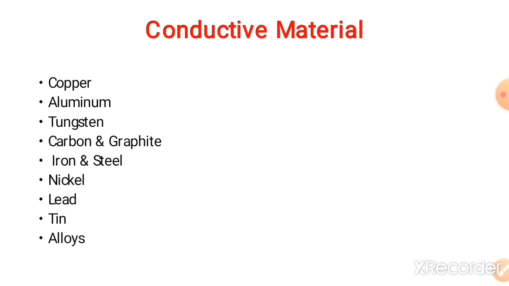The weight of aluminum is half compared with copper, and for the same current carrying capacity as copper, the weight and cost of aluminum is less than copper. Steel reinforced aluminum conductors, that is ACSR conductors, are widely used in long span transmission lines.